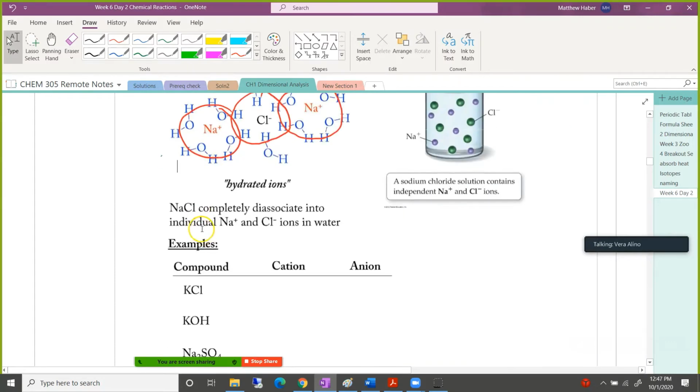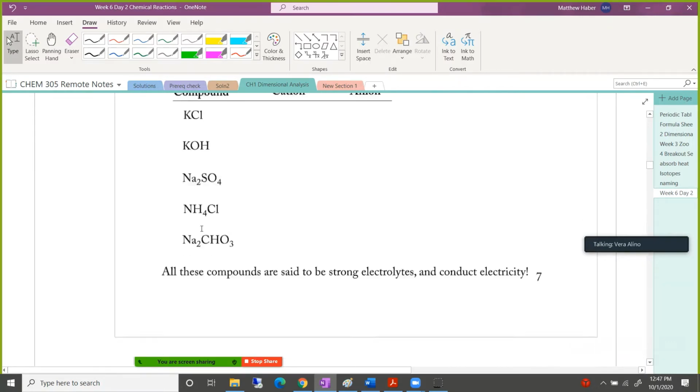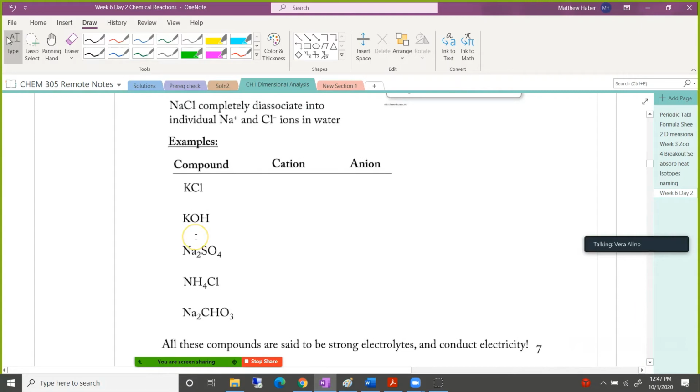Now, depending on the compound, it will rip apart into several ions. For a 1:1 ratio, like potassium chloride, you're going to have potassium ions and chloride ions. If you have other compounds, you split them apart, and the number of ions will also depend on that compound. So here we have potassium ion and our hydroxide polyatomic ion.